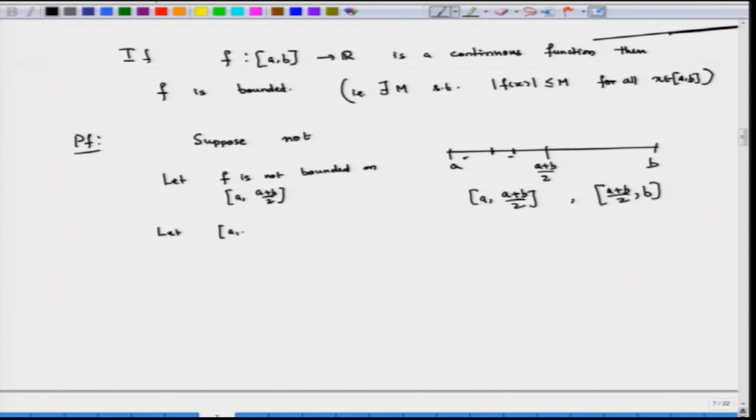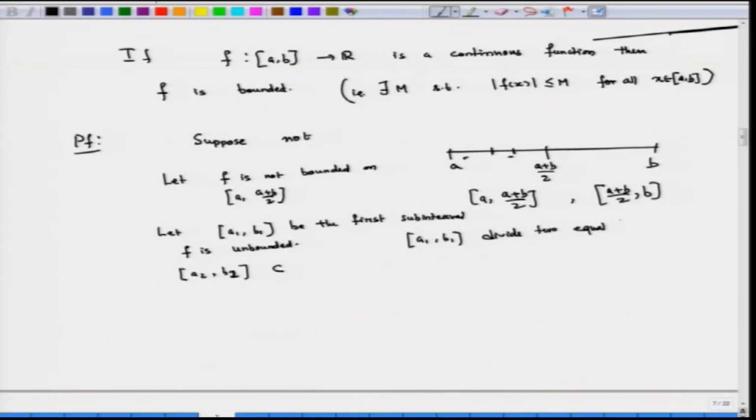Let [a1, b1] be the first sub interval where f is unbounded, and I will take [a2, b2], which is obtained by dividing [a1, b1] into 2 equal sub intervals, such that f is unbounded on [a2, b2].